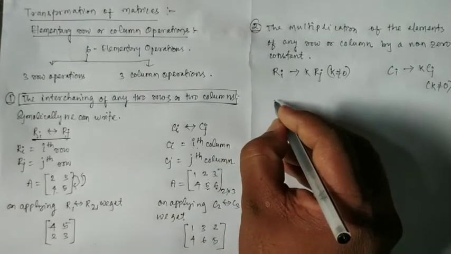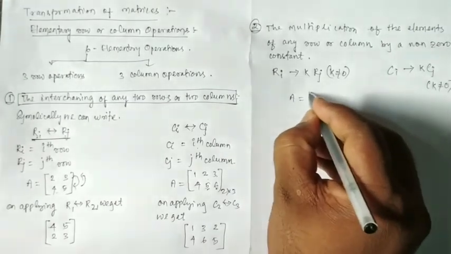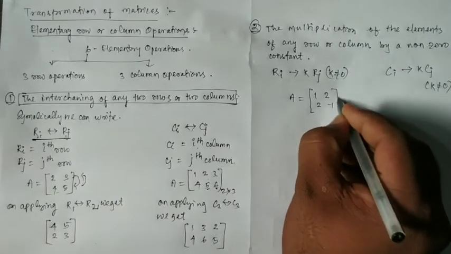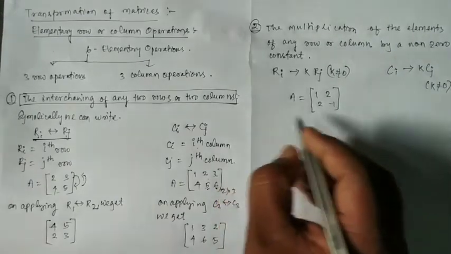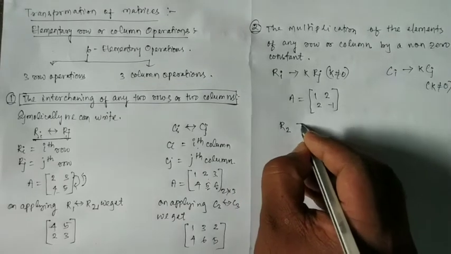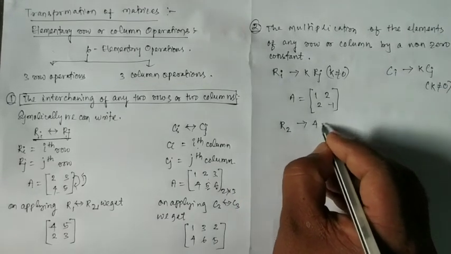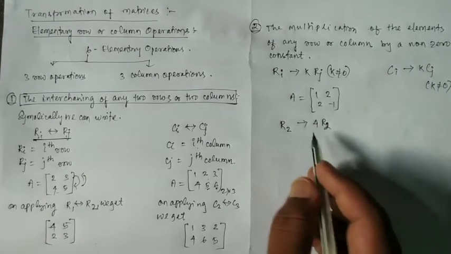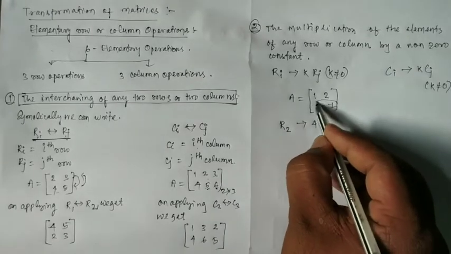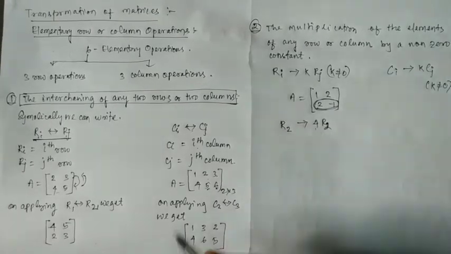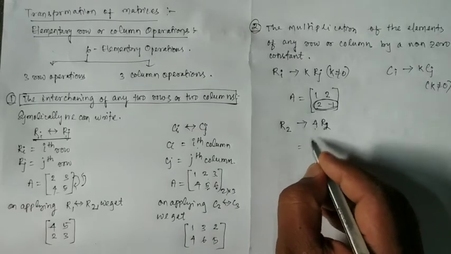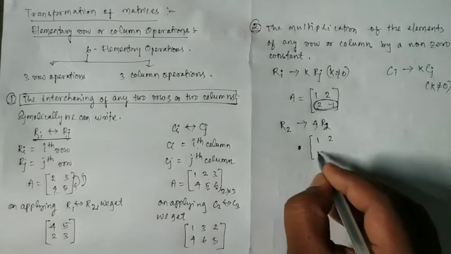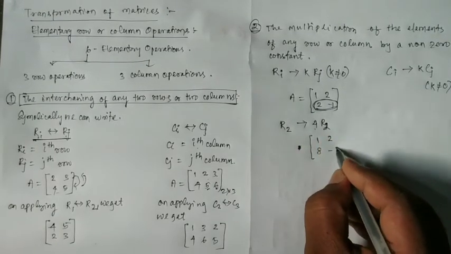Let's see here. Let A be a matrix 1 2 2 minus 1. Applying the elementary transformation, R2 replaced by 4 times R2, we get here the row 2 multiplied with 4, so we get the matrix 1 2, 2 times 4 is 8, minus 1 into 4 is minus 4.